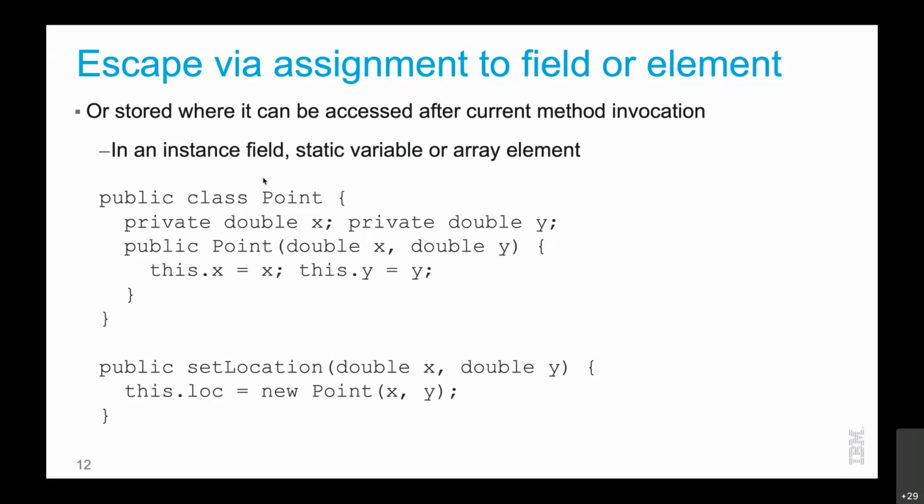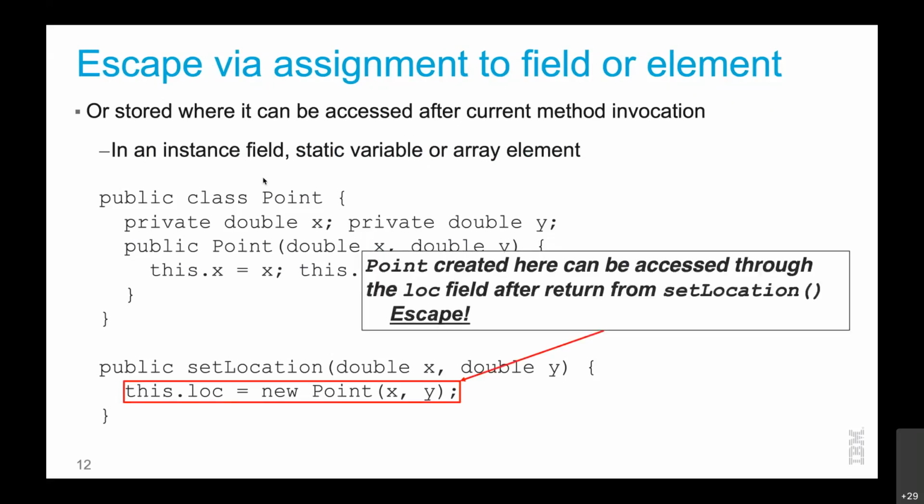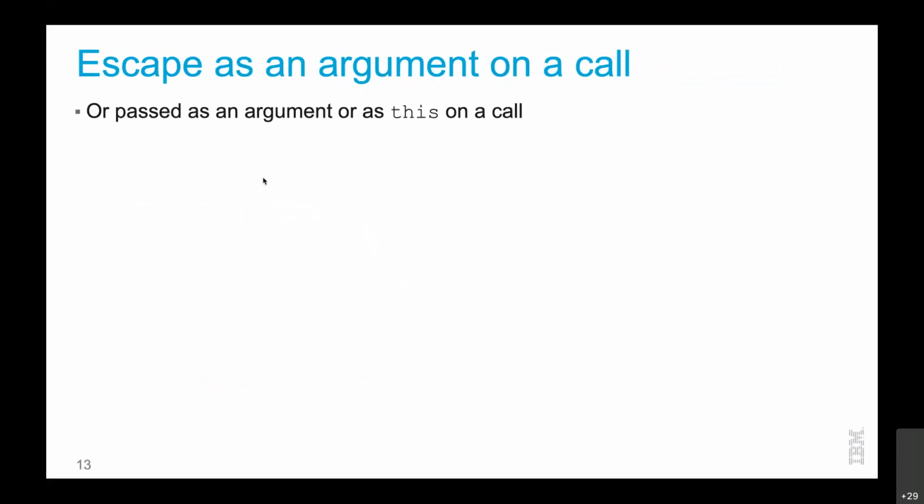And given some other object, I've got a set location method that, given coordinates, sets the location field for that object to be a new point object that has those X and Y coordinates. This point object can now be accessed after we return from set location through the loc field of this object. So that is considered an escape.